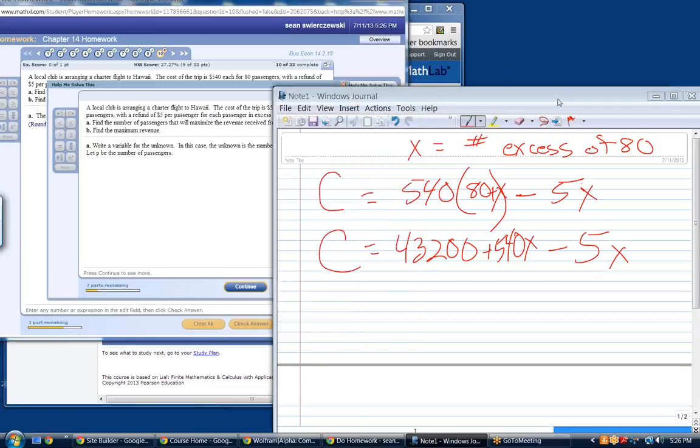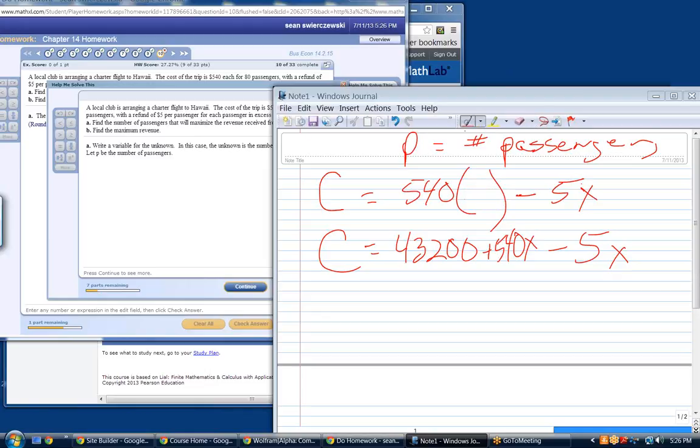Okay, so the unknown, if we let P equal just the number of passengers, so then our equation would be what?